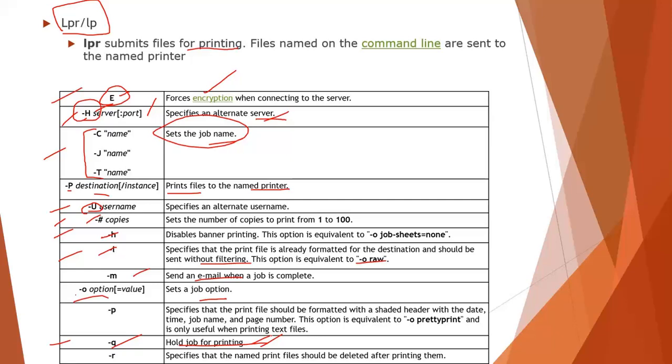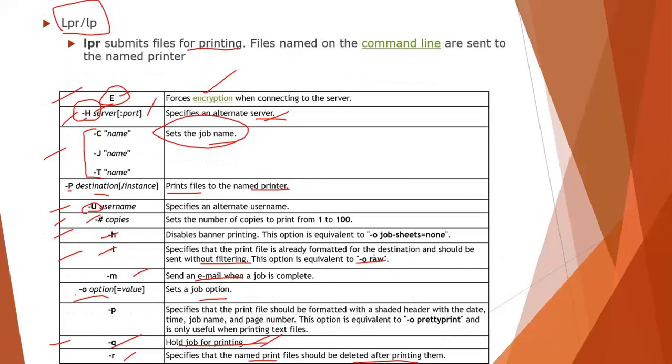And then -R is used to specify that the named printer's print files should be deleted after printing them. So once the file has been printed, whatever files are present in the printer's queue or printer's memory will be deleted. Okay, so that is about the LP command.